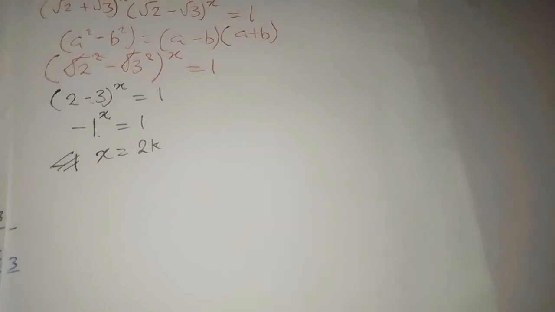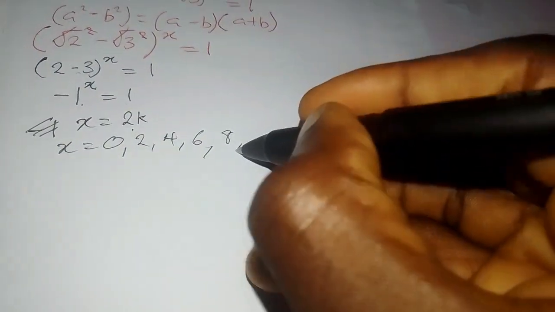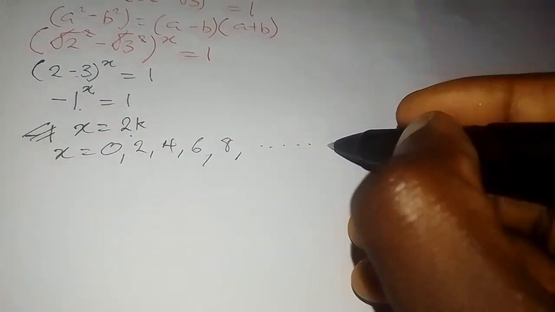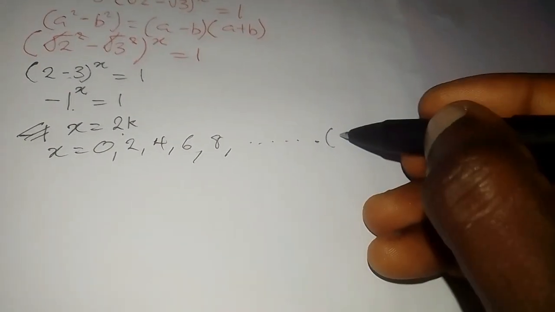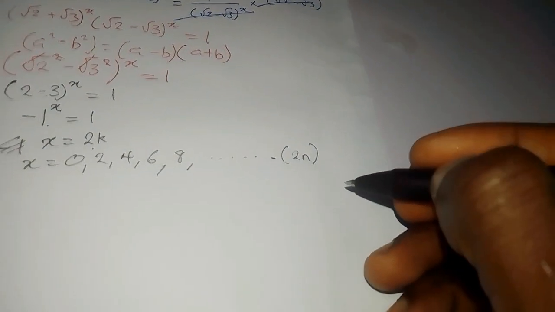Remember, when you multiply any integer by 2, you get an even number. That means x can be 0, 2, 4, 6, 8, till 2n. Yeah, this is how it is going.